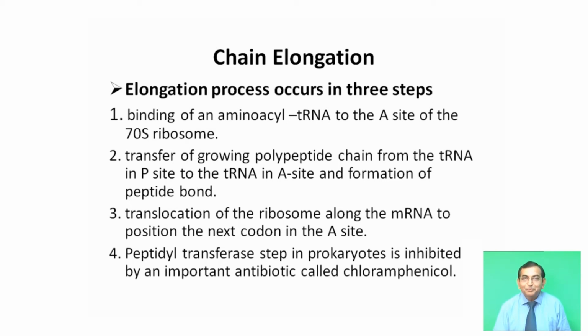In the third step, translocation of the ribosome along the mRNA to the position of the next codon in the A site. Additionally, this peptidyl transferase step in prokaryotes is inhibited by an important antibiotic called chloramphenicol, because chloramphenicol mimics the aminoacyl tRNA and inhibits the protein synthesis process.